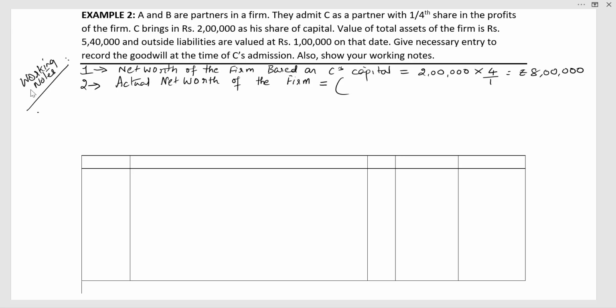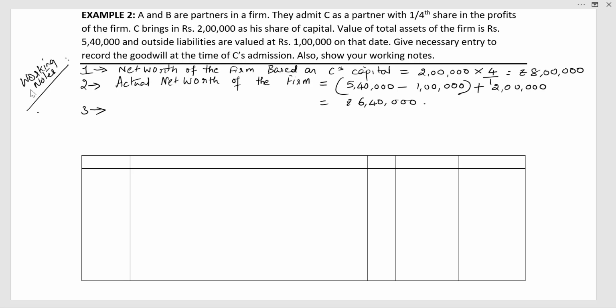So the capitals of A and B will be equal to the total assets, rupees 5,40,000, minus the outside liabilities. And to this we will add the incoming partner C's capital, which is rupees 2 lakh. So we get rupees 6,40,000 as the actual net worth of the firm.